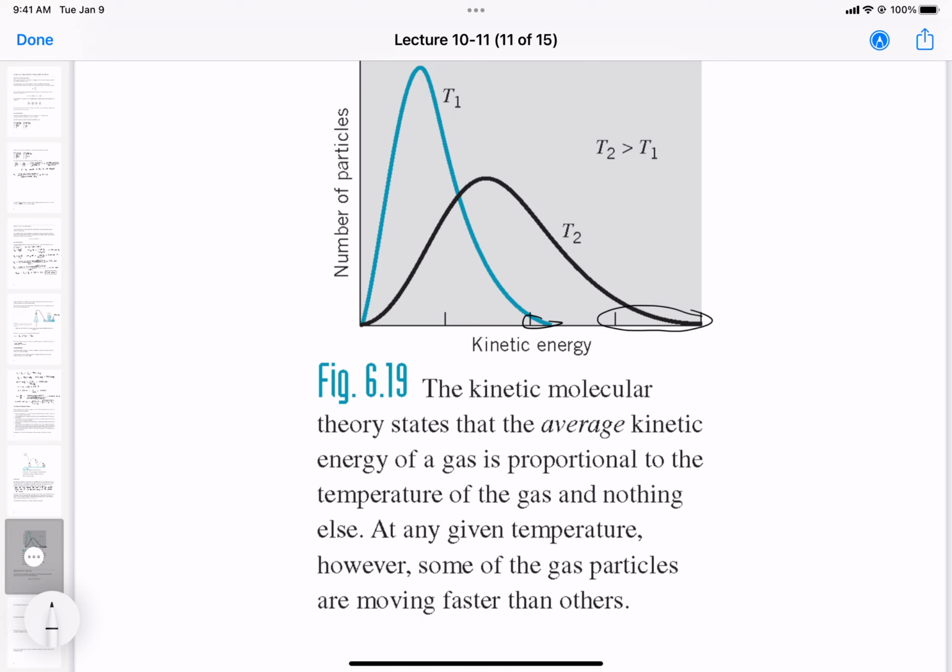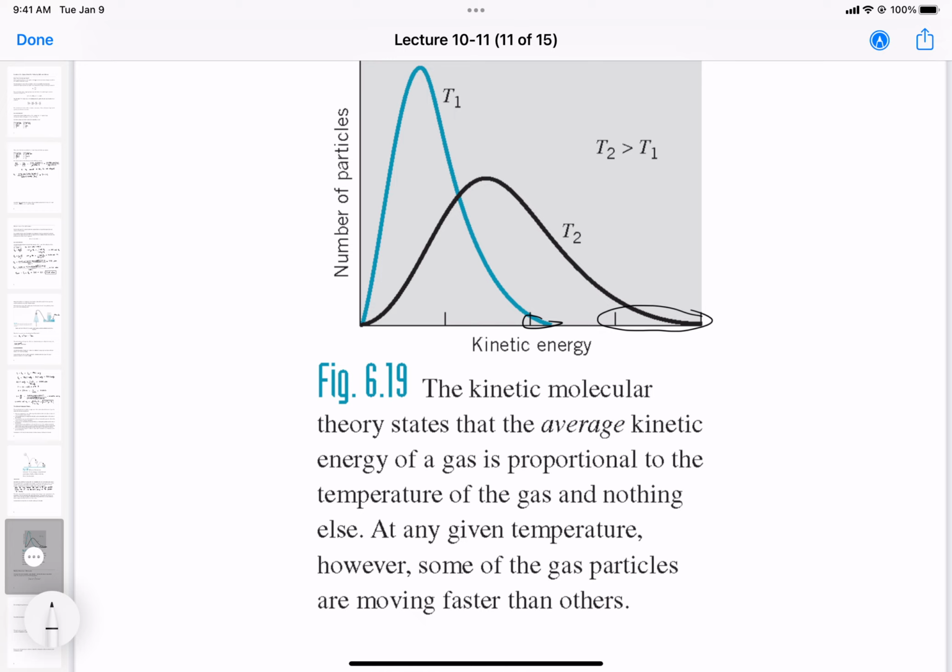So essentially what we're seeing here is as we increase the temperature, we're going to see a lot more molecules having higher kinetic energy and lower kinetic energy. So the distribution of kinetic energy will definitely spread to more molecules as you increase the temperature.